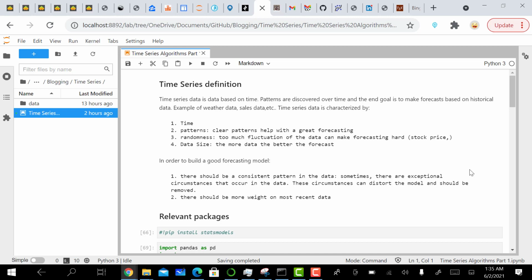Now, there are patterns that can be discovered in the data, and those patterns can be seasonalities. Let me give you an example. We all know that in the middle of the day the temperature rises to its max.